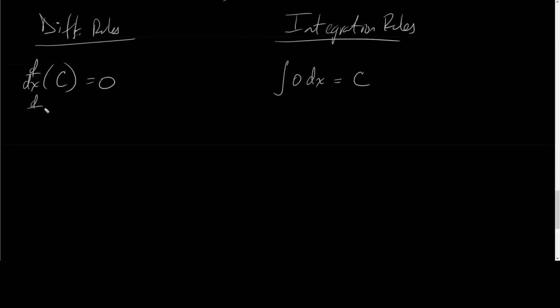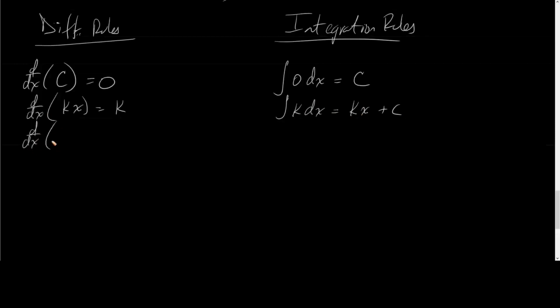The derivative with respect to x of some letter times x is just that letter, meaning some number k times x; the derivative of that is just that constant k. The integral of a constant is a constant times x plus c.